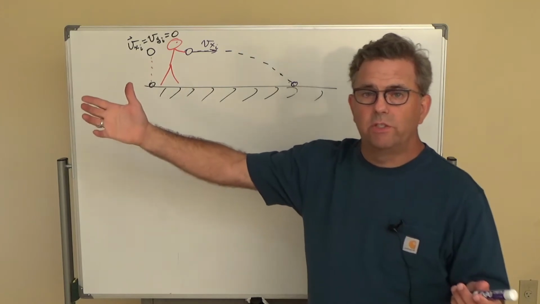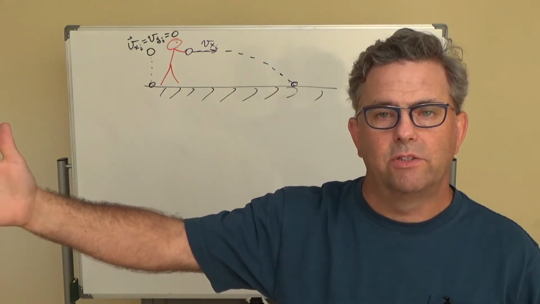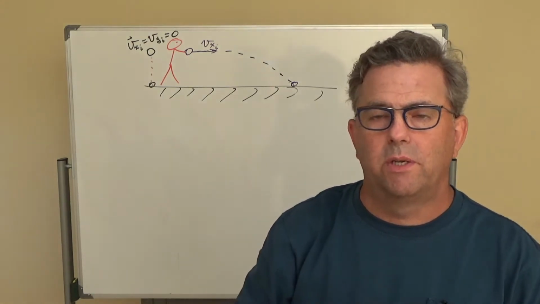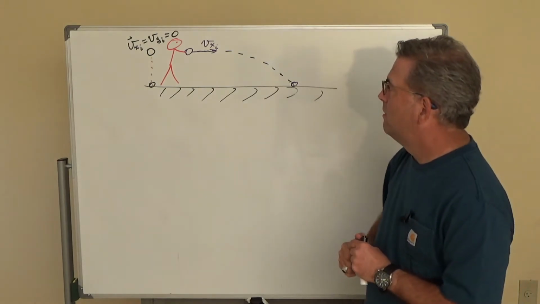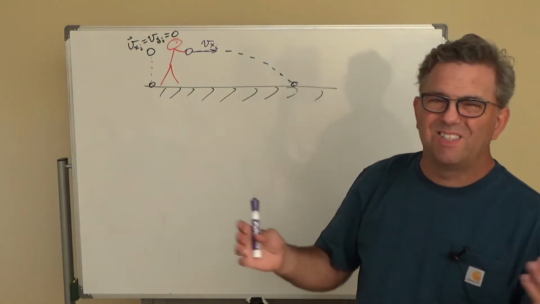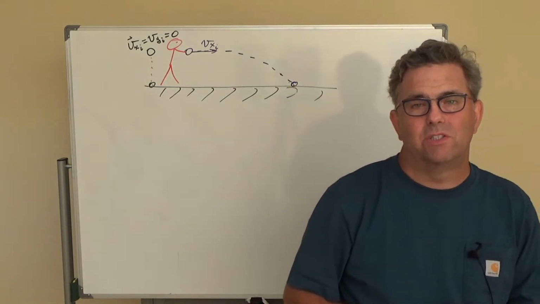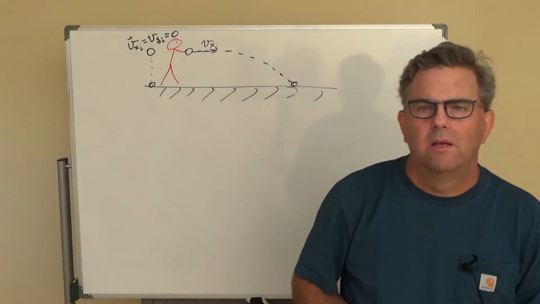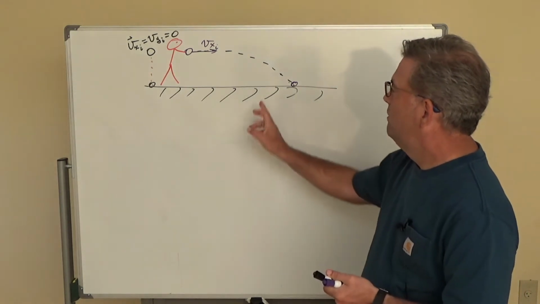I'll try to prove this to you. You can probably go on YouTube and search for drop ball, shot ball, something like that, physics. But I have a real nice demo. I hate to talk about these demos and then not be able to actually show them to you, but nevertheless, this is the case.